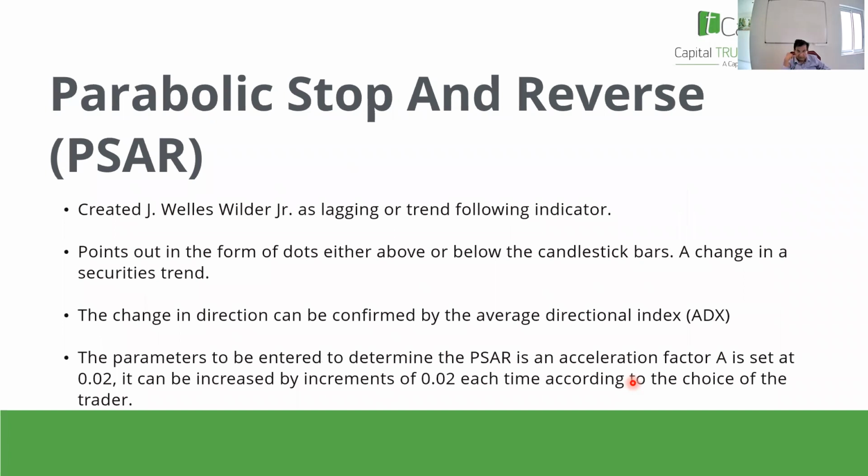Parabolic stop and reverse. It's very easy to understand, right? Unless you are totally blind, you can't miss the dots. Parabolic dots are pretty obvious. See the parabolic dots under the price bars, buy.